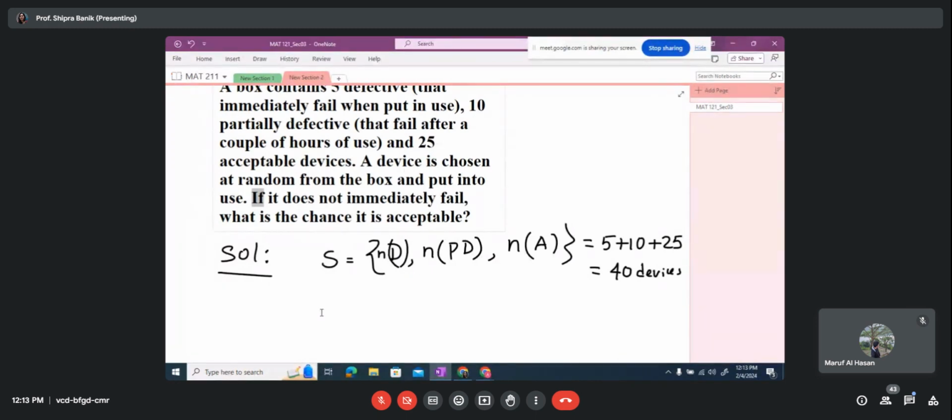Do you think here you can use the law of addition? Do you think you can use the law of complement? Ask yourself. Giving you a moment. Hello?